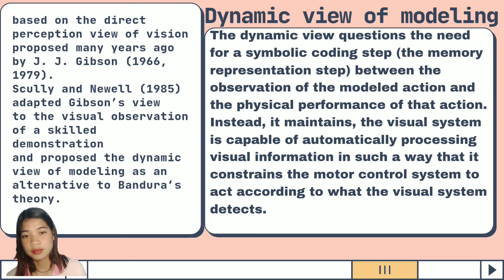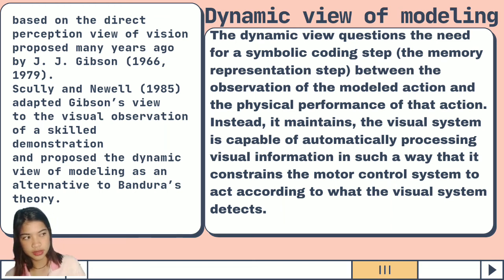As a result, until we have research evidence that one view cannot explain, we must consider each view a possible explanation of why modeling benefits skill acquisition. The cognitive mediation theory has been the more prominent of the two, receiving more attention in motor skill research. However, the dynamic view is growing in popularity.